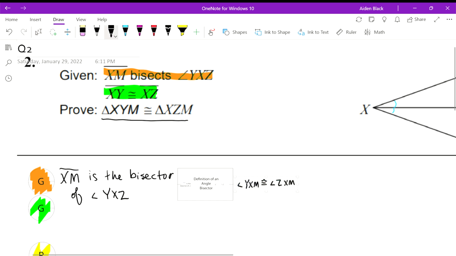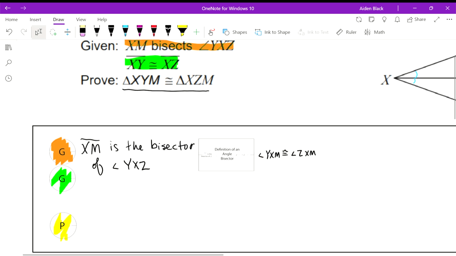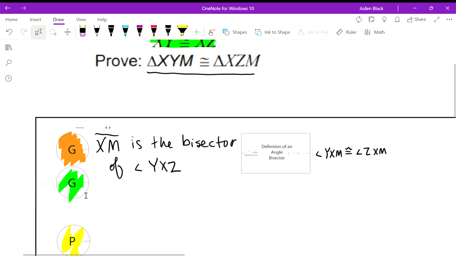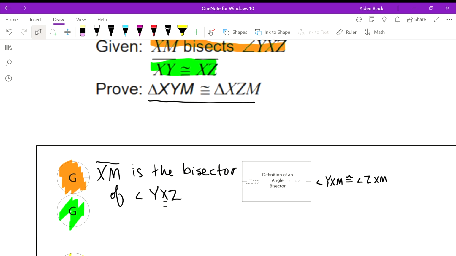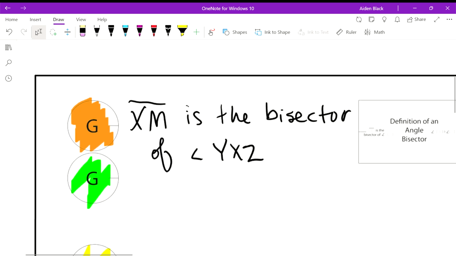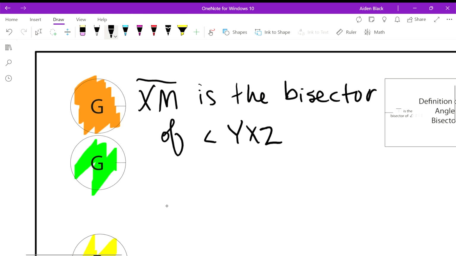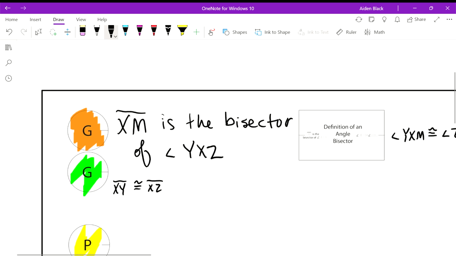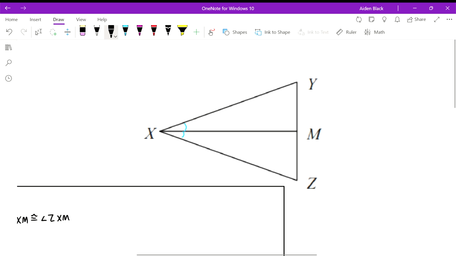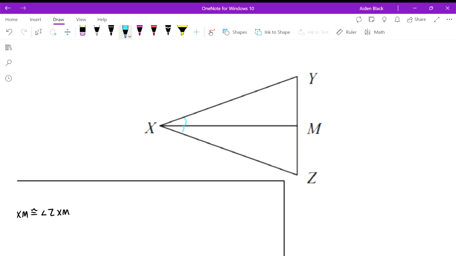Now let's get to the other provided piece of information. XY is congruent to XZ. So XY is congruent to XZ. So let's come over here and show what that means.